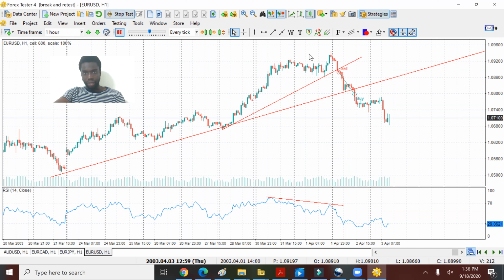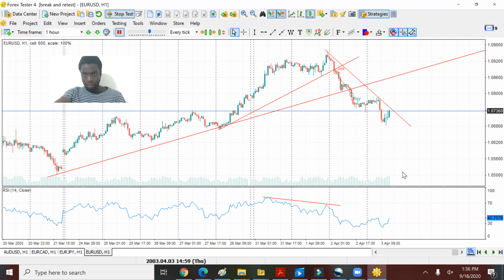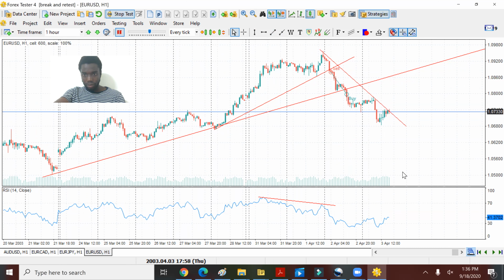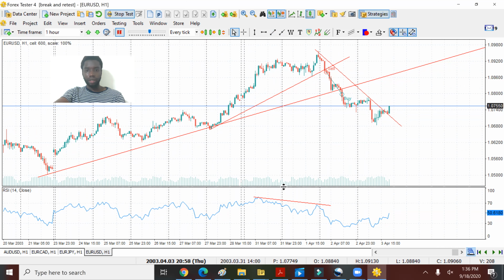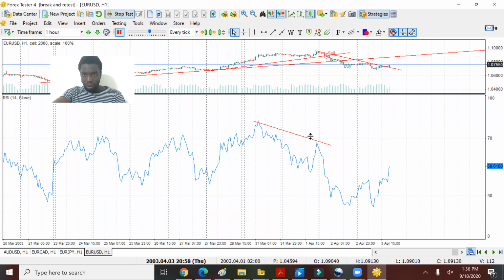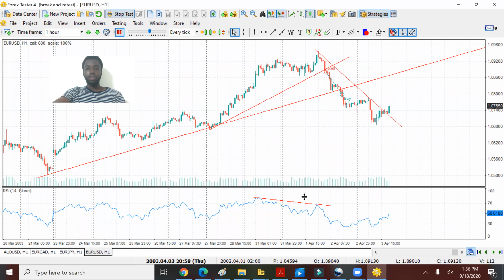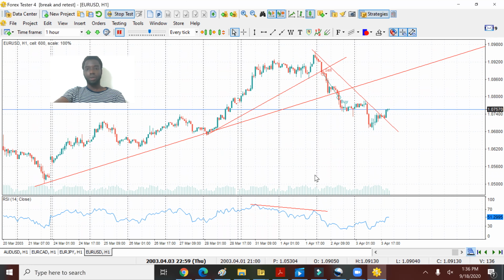Let's see if we can even get some divergence for the downtrend, if we can take a buy. I hope you can all see this. Or in fact, let me expand. Oh no, there was no divergence. Okay.